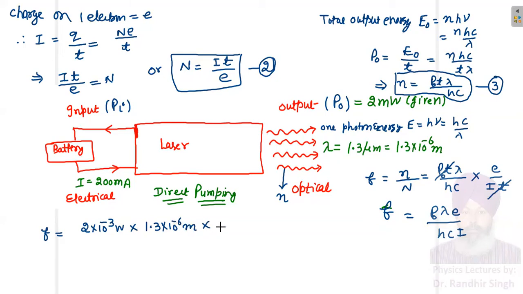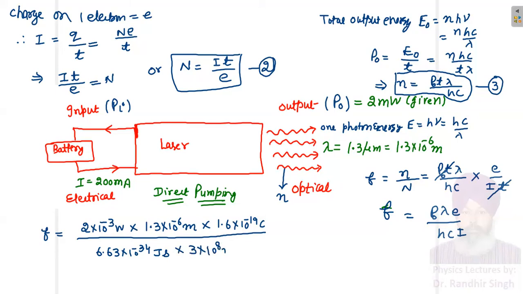Then there is e, which was 1.6 into 10 raised to power minus 19 coulomb, and it will be divided by h, which is 6.63 into 10 raised to power minus 34 joule second, multiplied by the speed of light in vacuum, 3 into 10 raised to power 8 meter per second, into the current. That current was 200 milliampere, so it will be 200 into 10 raised to power minus 3 ampere.